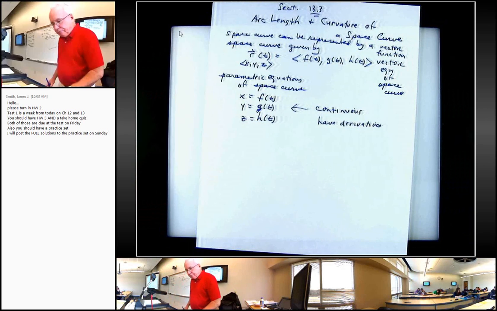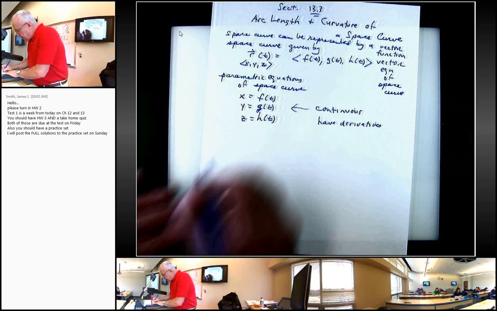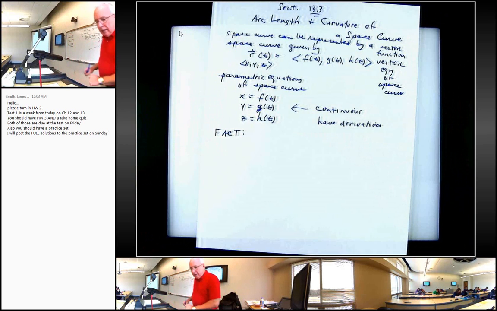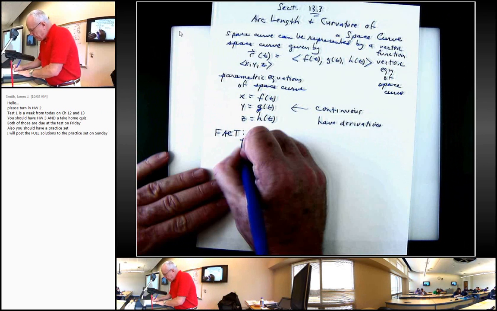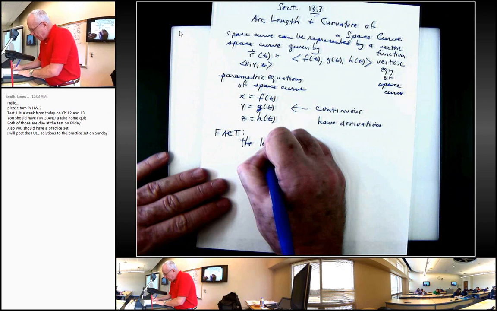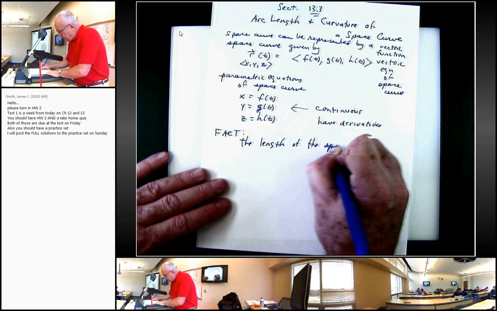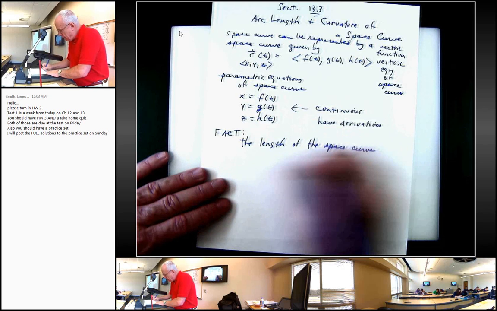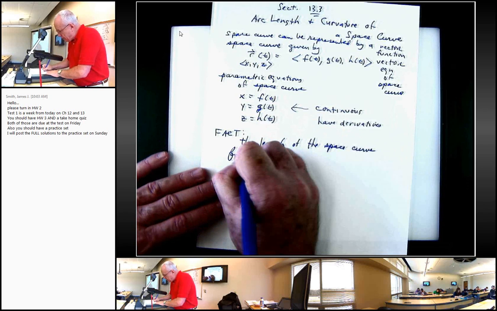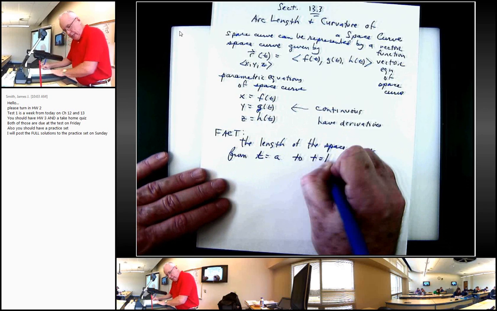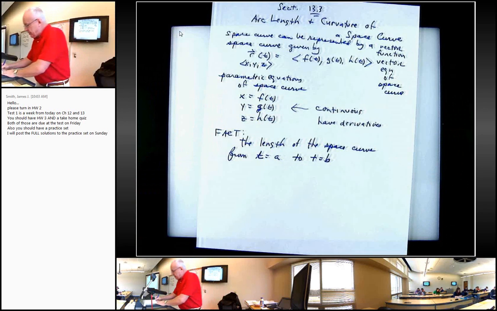All right. So, fact, now we're getting into the arc length. The length of the space curve from, say, the parameter t equaling a to the parameter t equaling b is this.